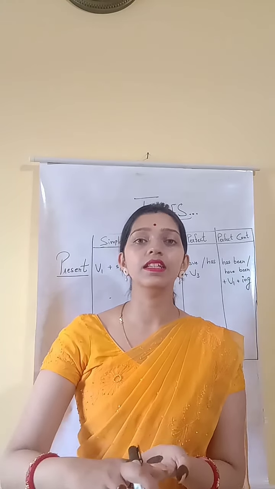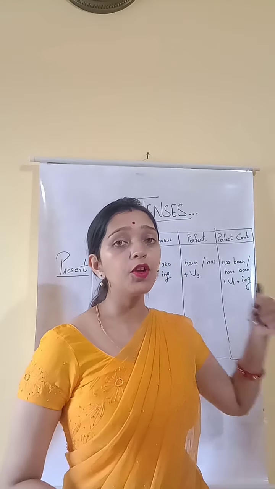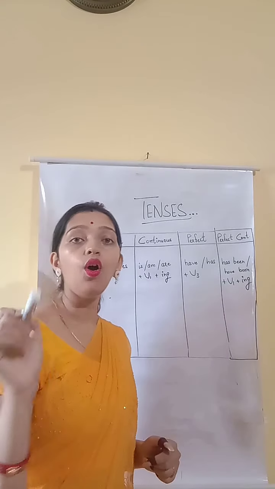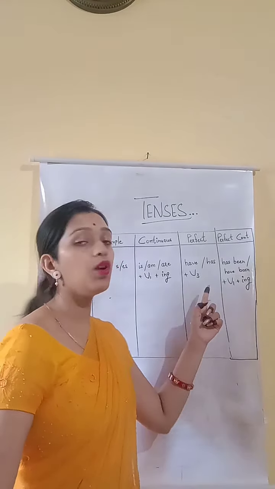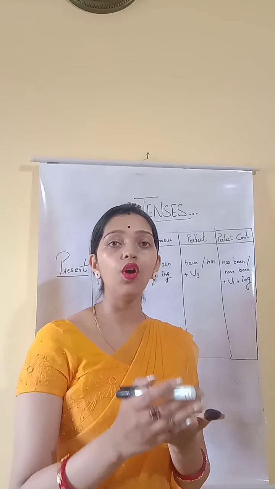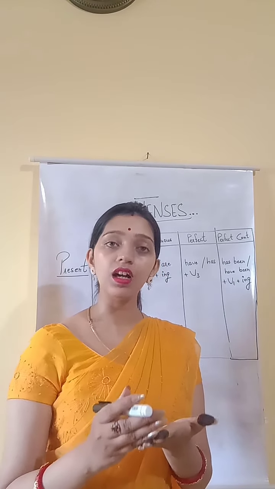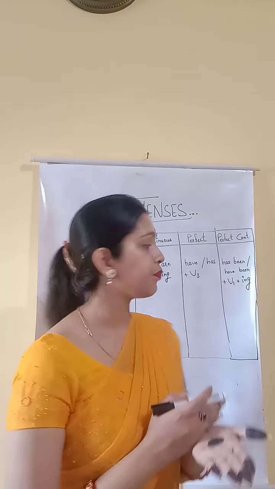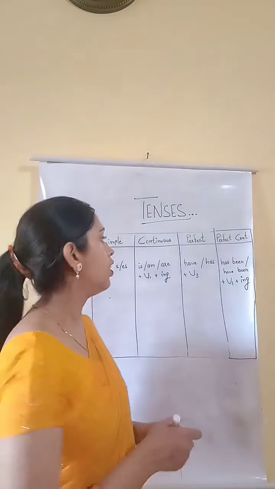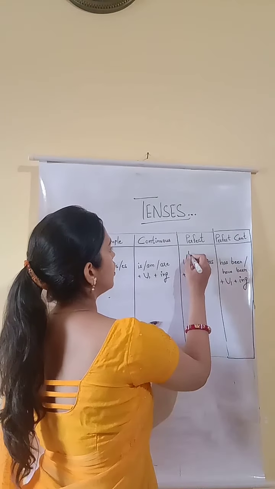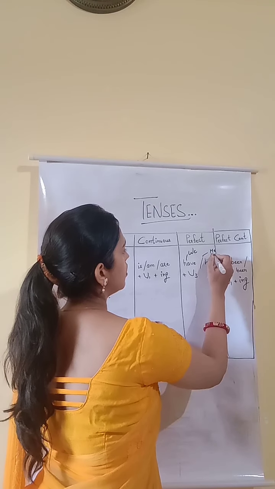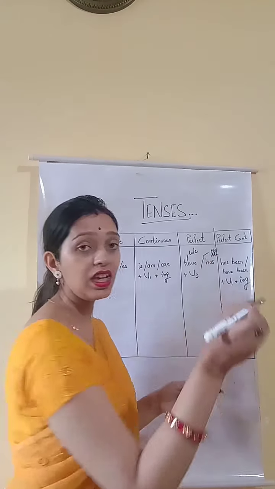It is complete. Okay, so when we talk about present perfect, you need to use have or has plus verb third form. Like third form means go, went, gone. So gone is the third form of the verb go. Okay, third form you understood. Now have and has. For has, he has, she has.